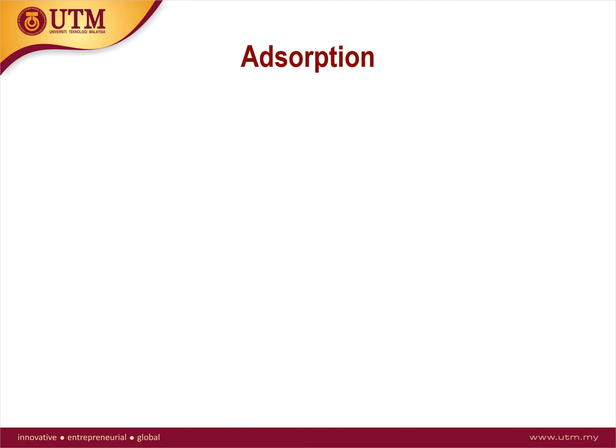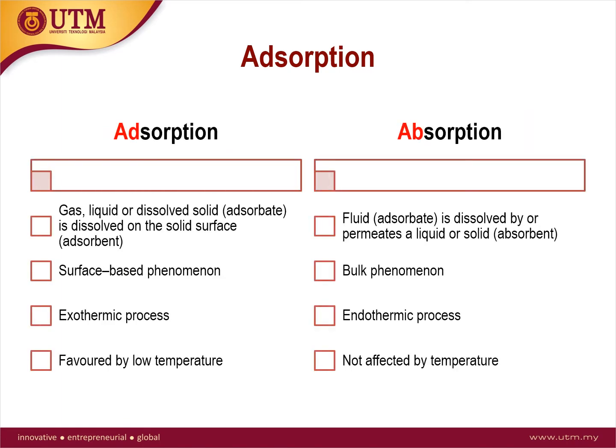What is the difference between the adsorption process and the absorption process? The adsorption process is a process where the gas, liquid, or dissolved solid, which is the adsorbate, is held on the solid surface of the adsorbent, whilst the absorption process is a phenomenon where the fluid, which is the absorbate, is dissolved by permeating a liquid or solid, which is the absorbent. Therefore, adsorption is called a surface-based phenomenon, whilst the absorption process is a bulk phenomenon because it covers the entire structure of the liquid or solid.